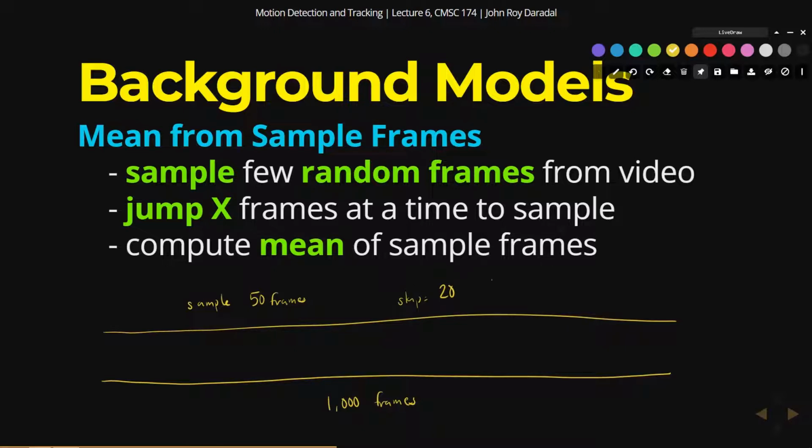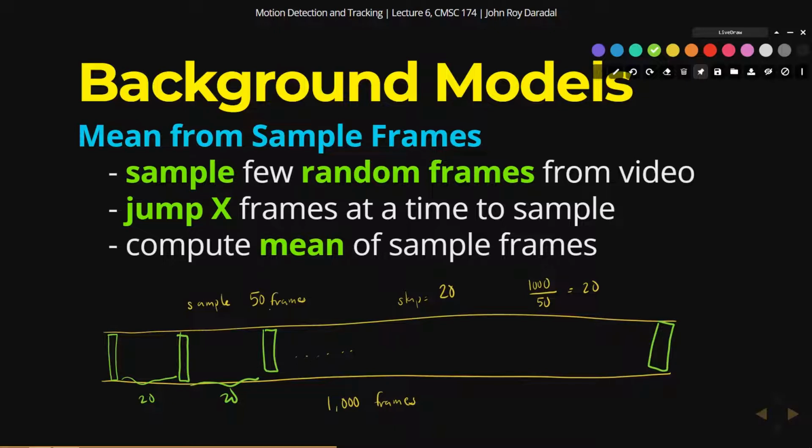So every 20 frames, since you have 1000 frames and you only want 50, you will have to skip 20 frames at a time. So maybe you sample this one, and then you jump 20 frames, and then you sample again, jump 20 frames, then sample this one, and so on until you reach the end.